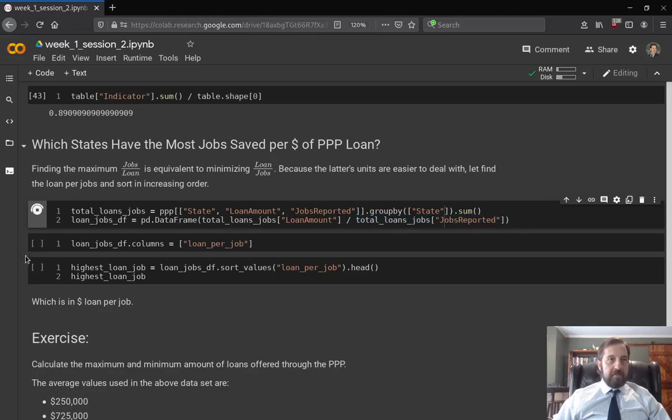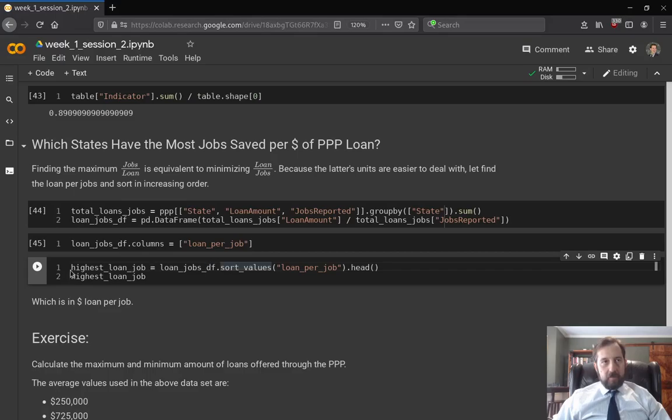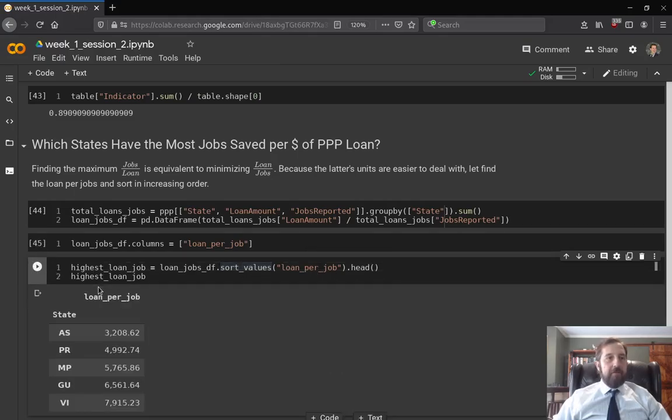So that should give us this here. And then this is just naming the column, right? I'm just setting the name of the column to loan per job. And then I can sort this data frame. So our data frame is the loan jobs data frame. We can sort this and just look at the first 5 rows.